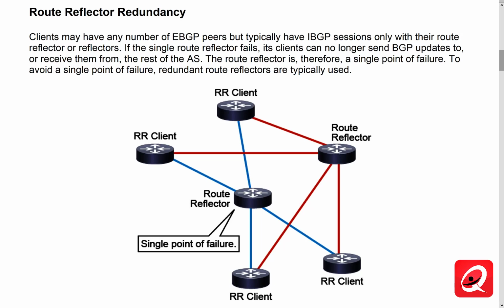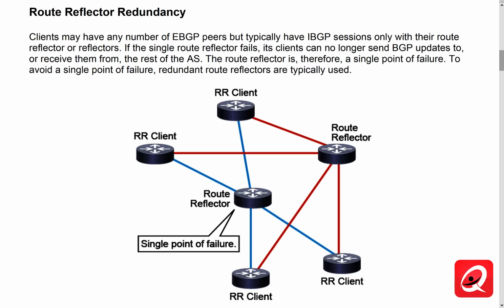So when we reflect an iBGP route from one iBGP peer to another, the route reflector appends this ORIGINATOR_ID attribute together with the cluster ID to that particular route. The originator ID carries the router ID of the originator of the particular route.